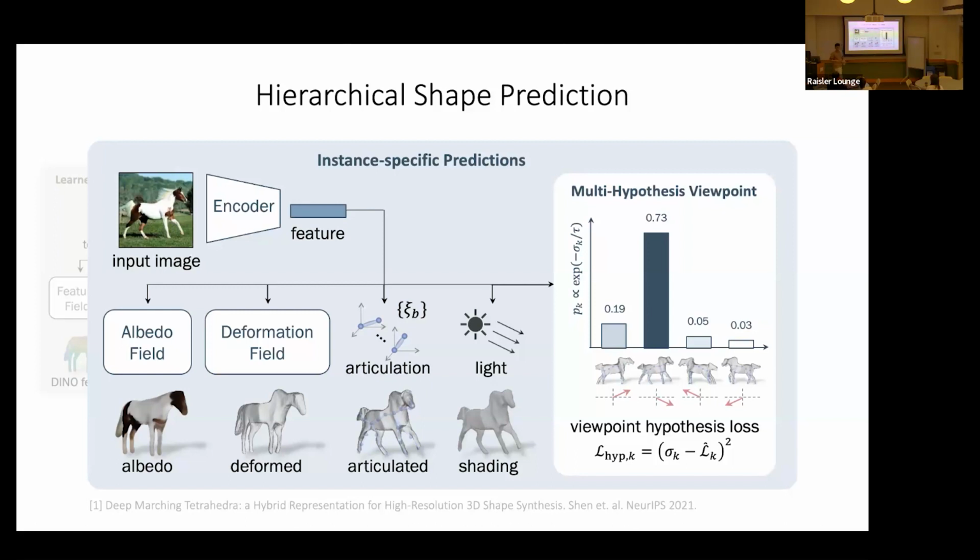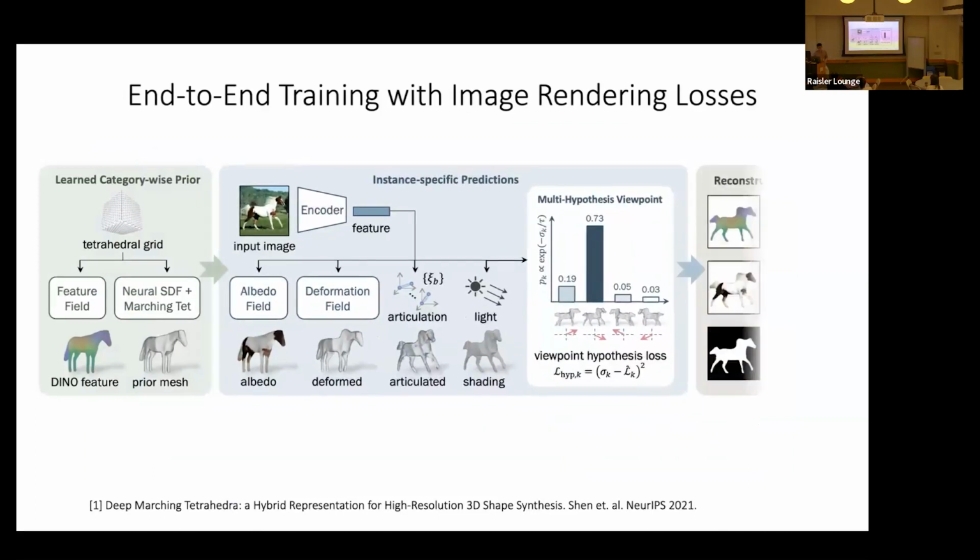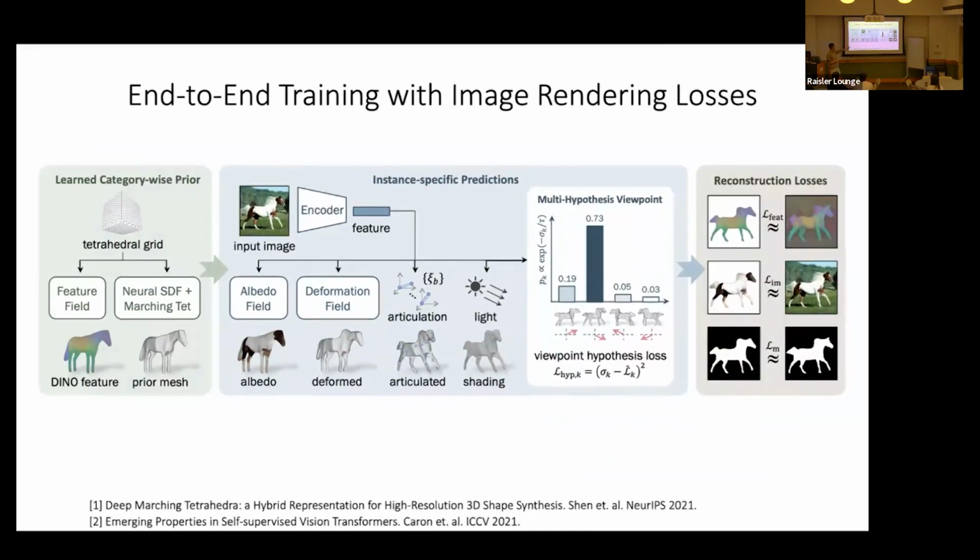Right. So once you have these instance-specific deformations and predictions, you would render the RGB image and also render this DINO feature. This DINO feature is a feature field, and the way to render this field is you would take this deformed shape and then sample the surface vertices.